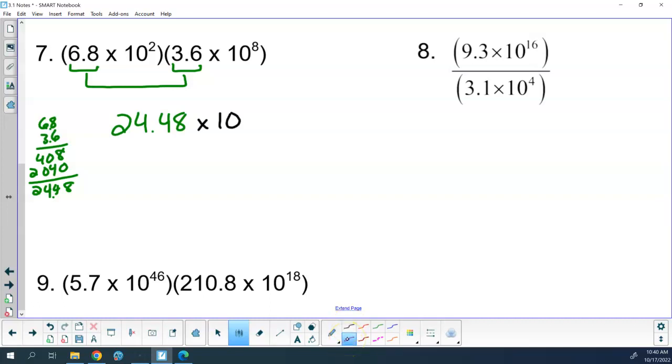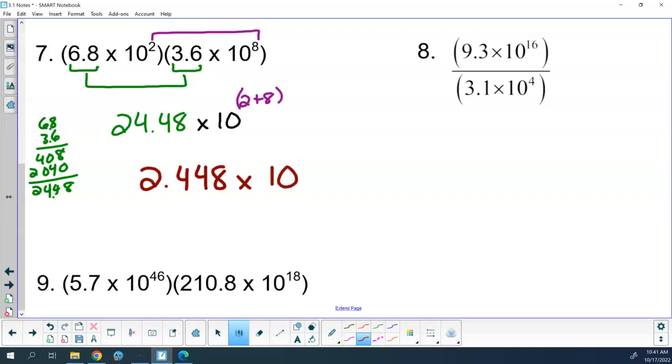Then what I'm going to do is add those two exponents. With me so far? Okay? Now I've got to adjust it. So my final answer here would be 2.448 times 10 to the 11, because we had to move it over 1 to the left.